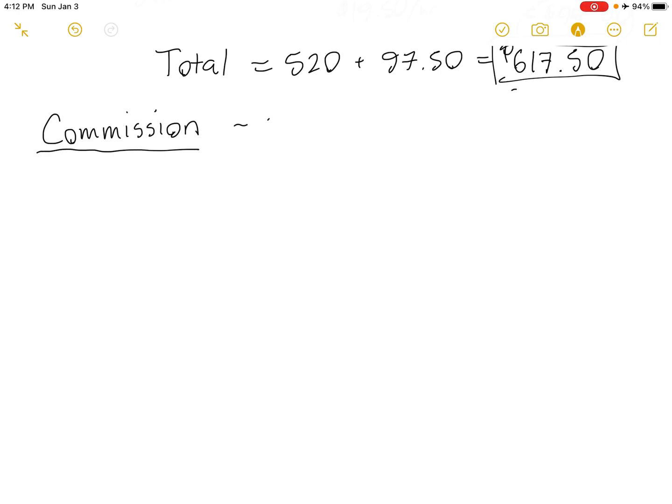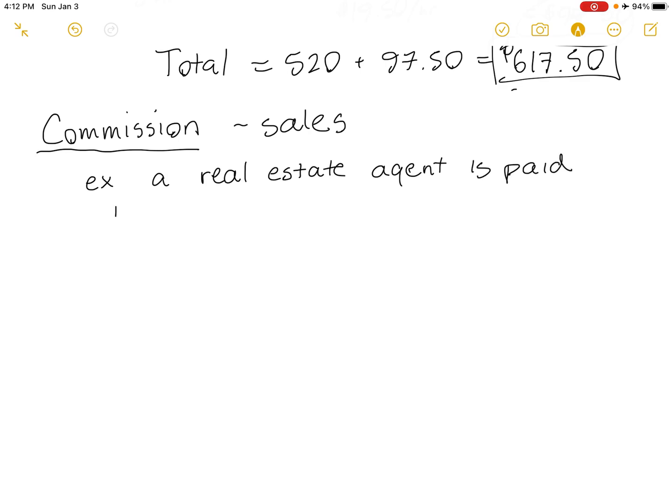And a commission is usually people who work in sales, and they would get a certain percentage of what they sell. So this is usually people who sell really expensive items like cars and houses and things like that, really fancy electronics maybe. So for example, a real estate agent is paid 1.5% of their sales.